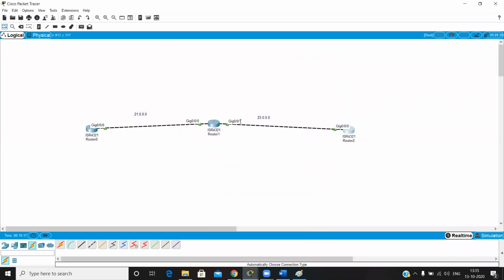Sorry, Bhuvan, you want to do this? So is the process ID the same in all three routers, or can it be different? Yes, I want to know whether the process ID is the same in all routers or can it be different.